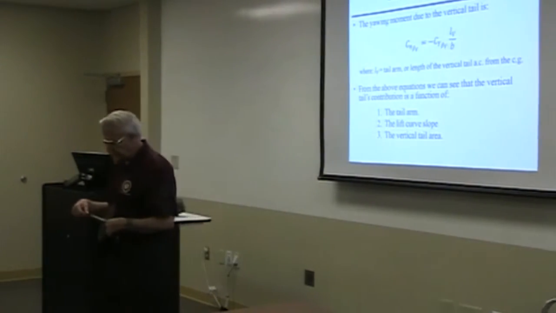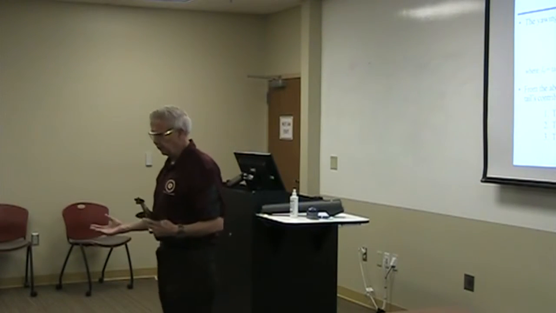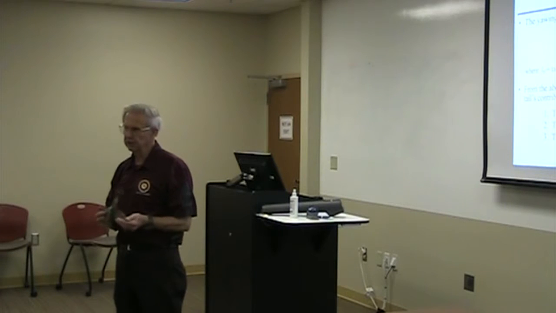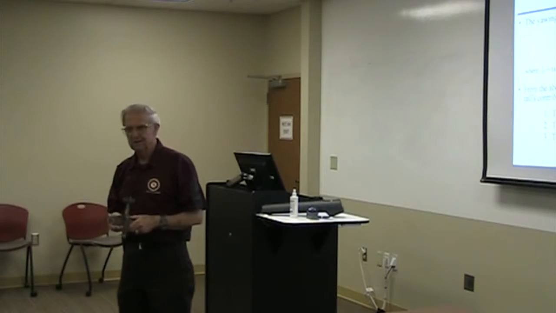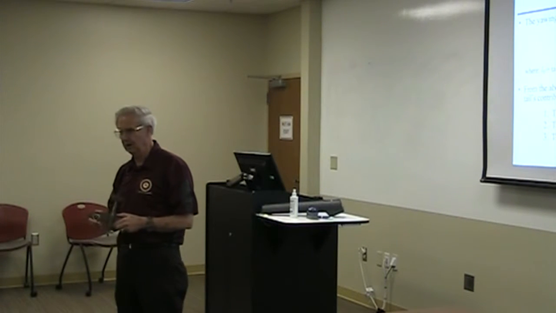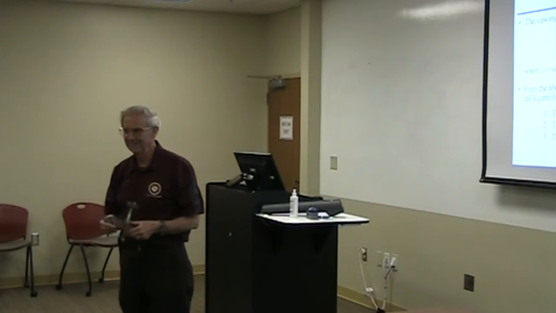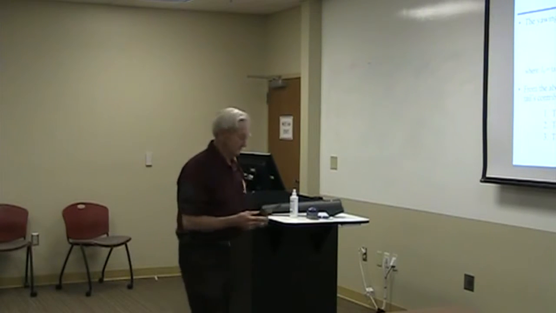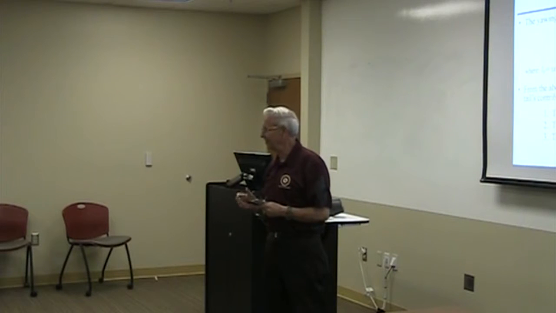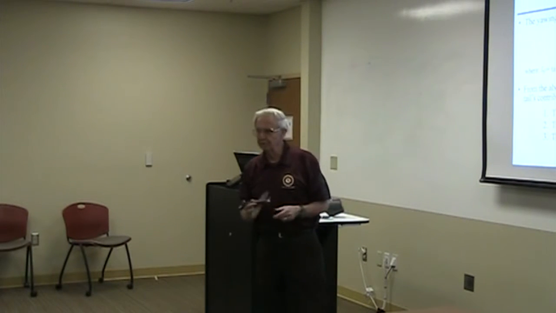Now, if you go to a reference like Perkins and Hage, Stability and Control, good old book. Everybody in this business ought to have one in his library. Okay. He's got ways of calculating many of these coefficients in there.